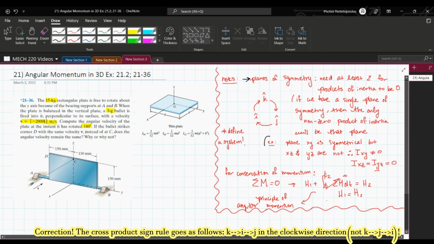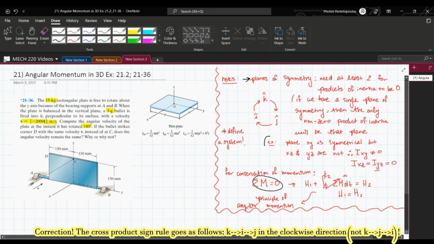If you see here, the principle of angular momentum, which is angular momentum at 1 plus the integral from time 1 to time 2 of the sum of moments dt is equal to the angular momentum at 2. In order for conservation of momentum to hold, the external moments must be 0. So reasonably, if that goes to 0, then H1 is equal to H2.